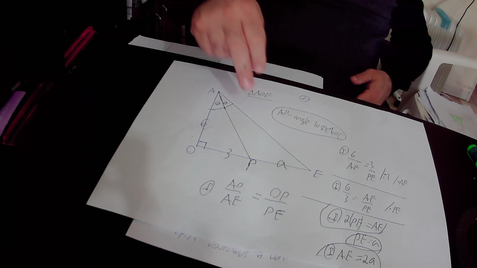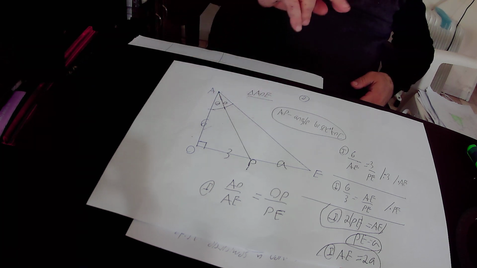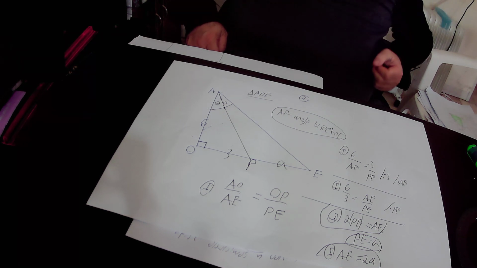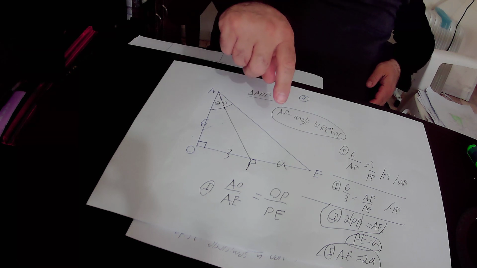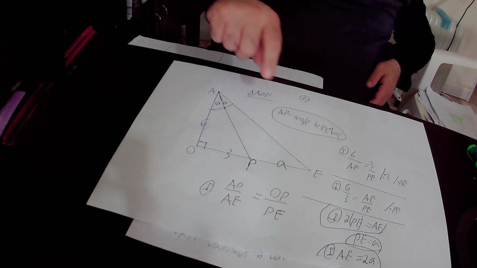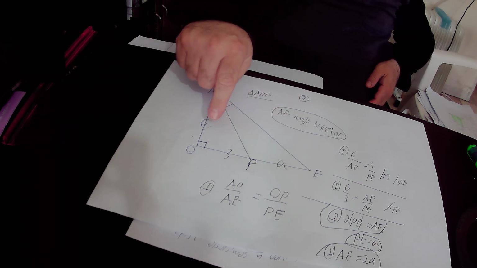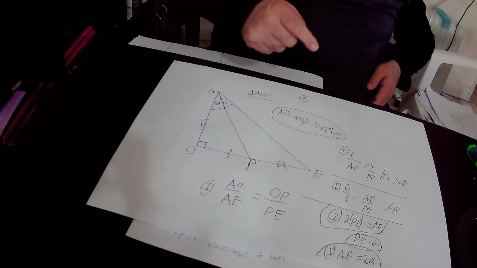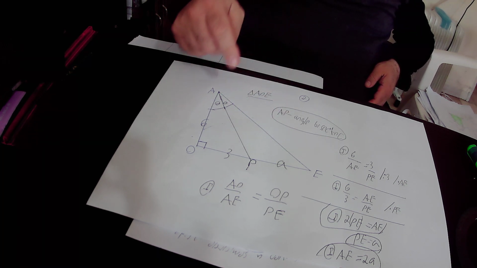So AP is the angle bisector in triangle AOE. And according to the angle bisector theorem, the ratio in which the angle bisector AP divides side OE is OP over PE. And that ratio equals the ratio between the angle's legs.